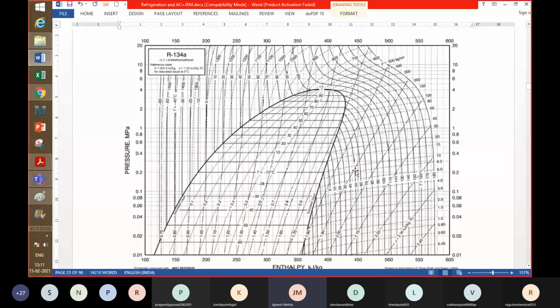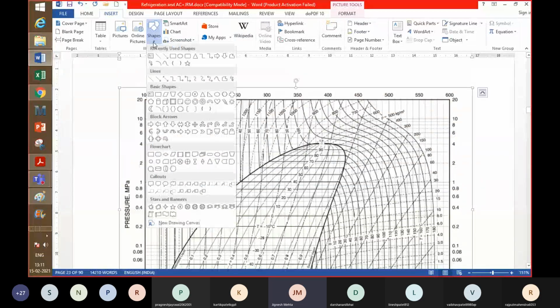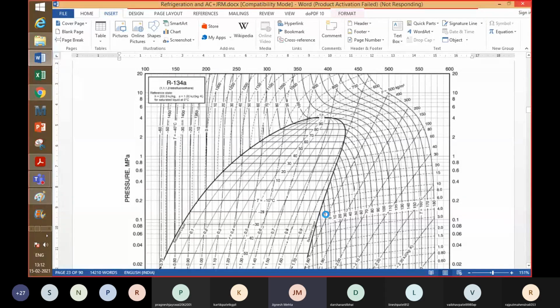Okay, so that's the point, that is the compressor inlet.